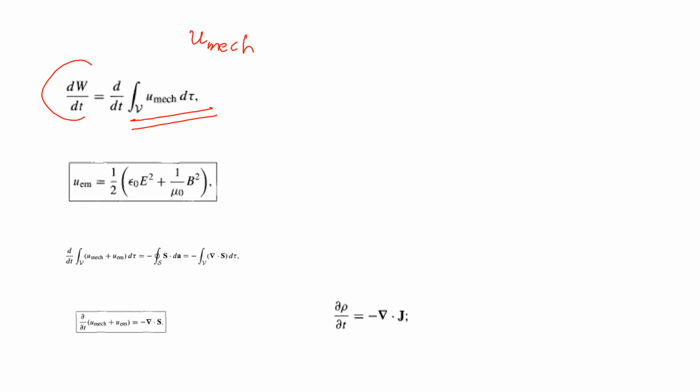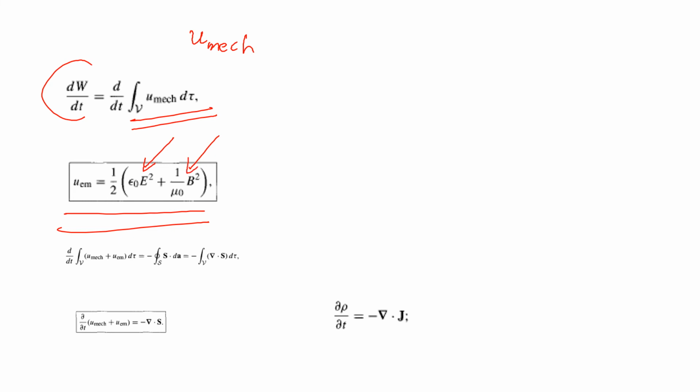And also we know UEM. What is UEM? The total electromagnetic energy density is half epsilon 0 E square plus 1 by 2 mu 0 B square. Energy stored in the electric field and energy stored in the magnetic field.